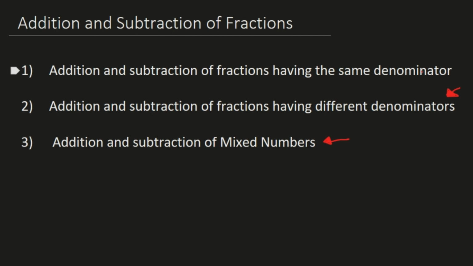Okay, now let's discuss the first section. Okay, let's move on to the first part of this lesson. Addition and subtraction of fractions having the same denominator. Here I'm coming up with an example. 3 upon 5 plus 1 upon 5. Here you can see in the question that both the denominators of these two fractions are the same, right?